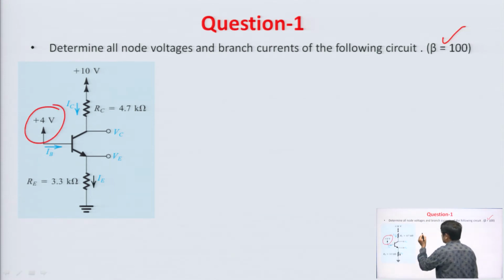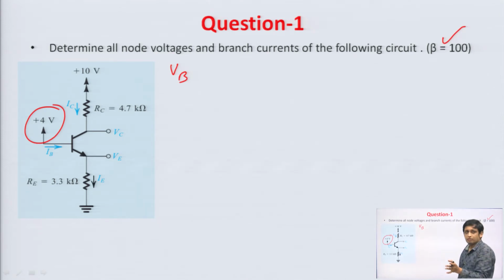So, the base voltage is given. Write down whatever is given in text form, and whatever is not given in text form, just see the circuit and write down from there. If you write it down, then things will be more clear, fine.